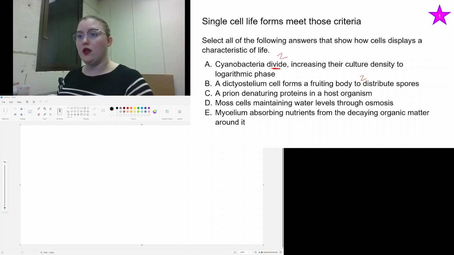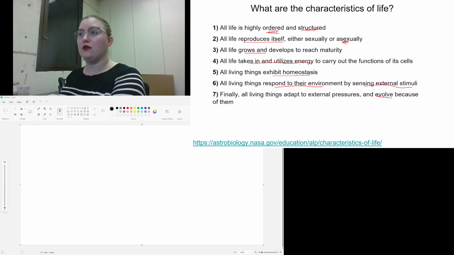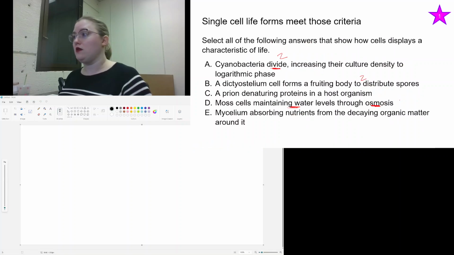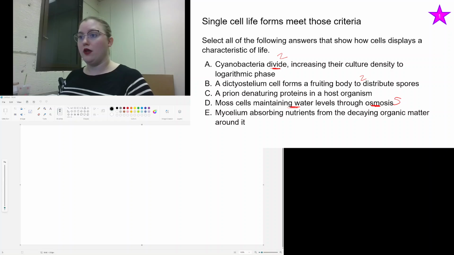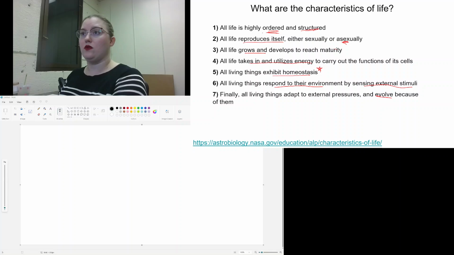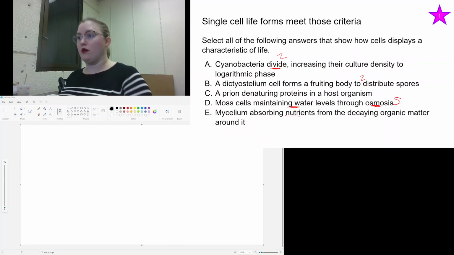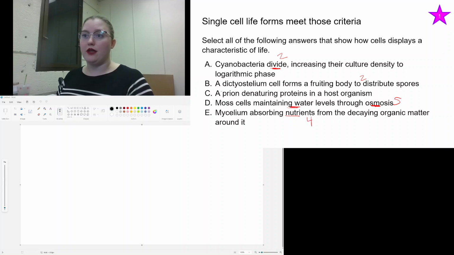We'll come back to C. Moss cells maintaining water levels through osmosis. Osmosis and maintaining, that is homeostasis, right? So that is life trait number 5. And mycelium absorbing nutrients, that is number 4 here, taking in and utilizing energy. So the distractor here is C.